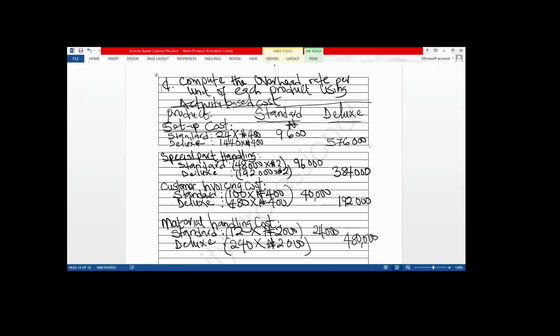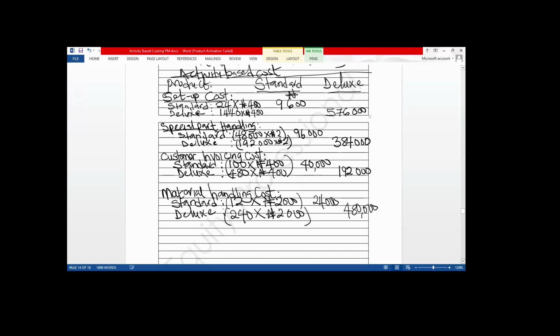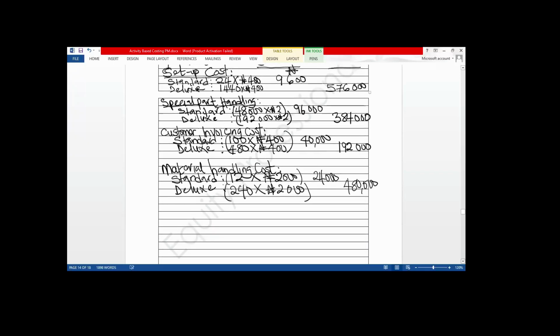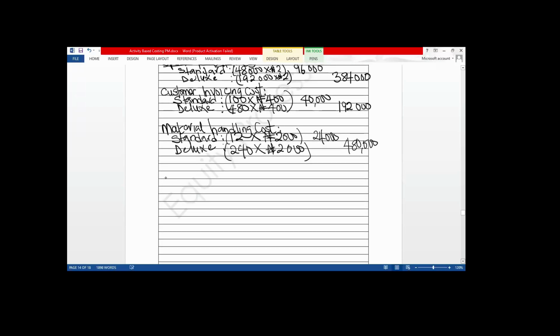If you sum the two together, you are going to have 504,000. That reconfirms the total material handling overhead cost. Then number 5, other overhead.